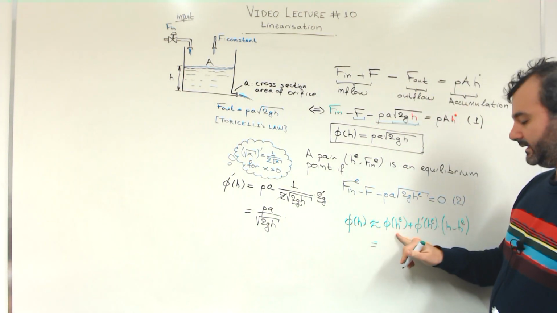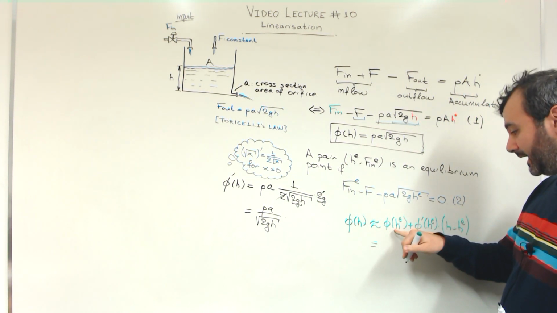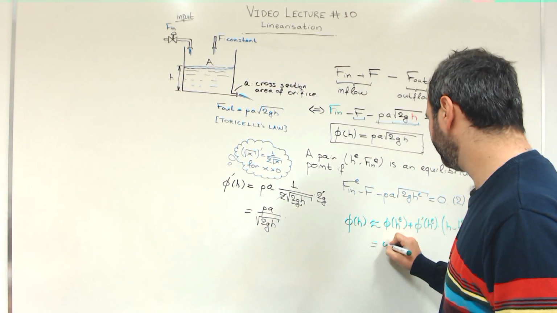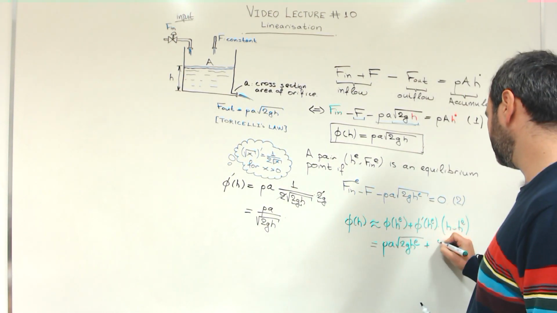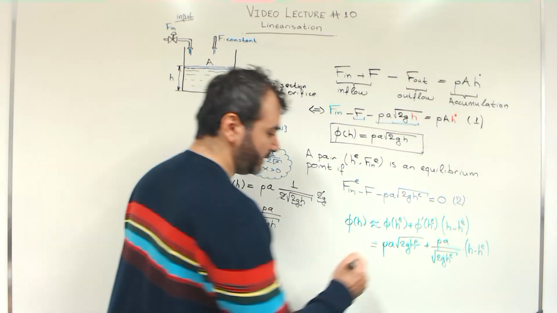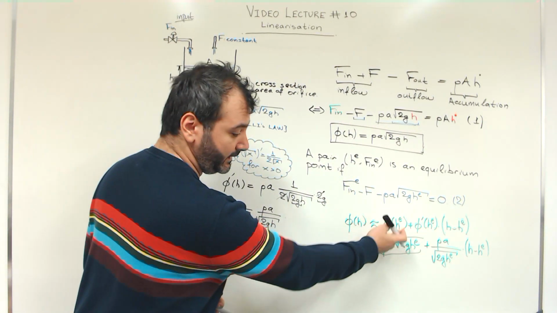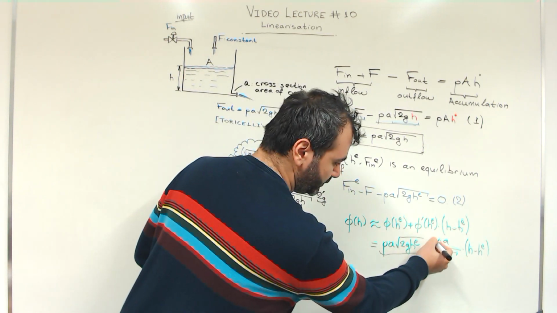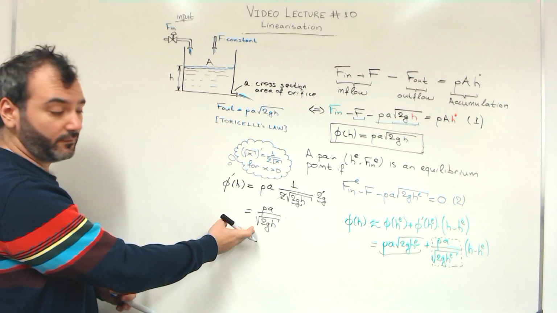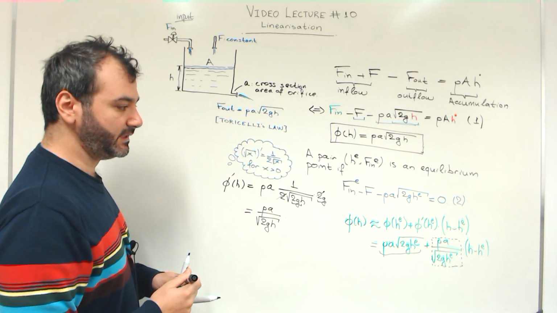So phi at he plus the derivative at he. We're interested in linearizing at that point he. So we have, where this value is the value of phi at he, and that value over there is the derivative of phi evaluated at he times this difference.